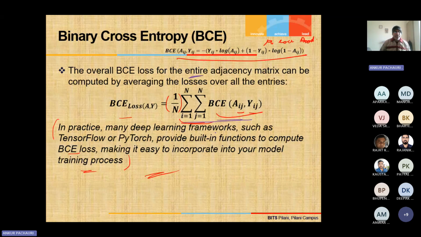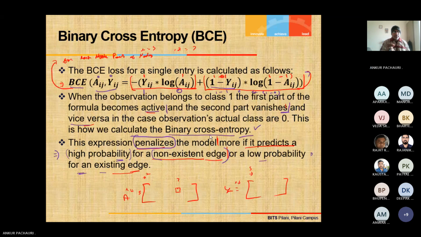But ultimately, we are checking whether initially it was zero, now it is zero; initially it was one, now it is one. That's a success. And if there's a mismatch, zero to one or one to zero, then it will be a penalty.